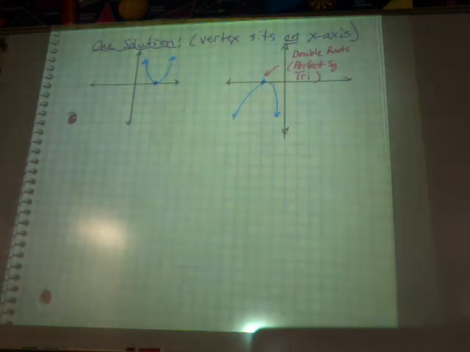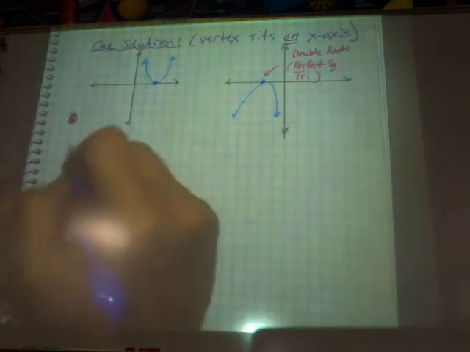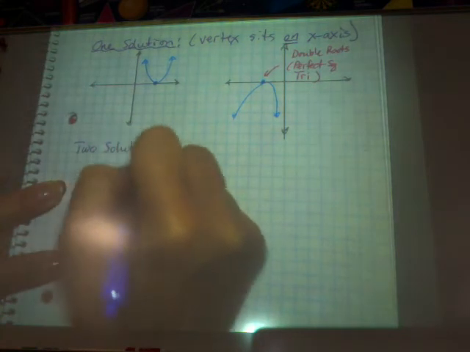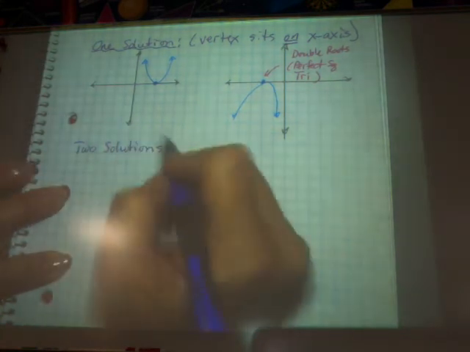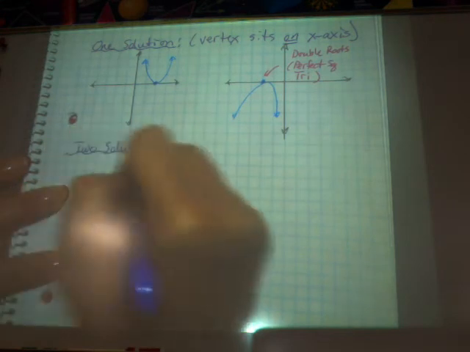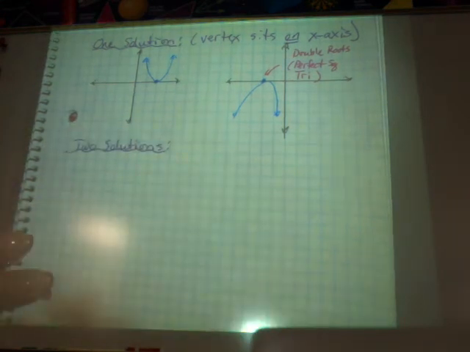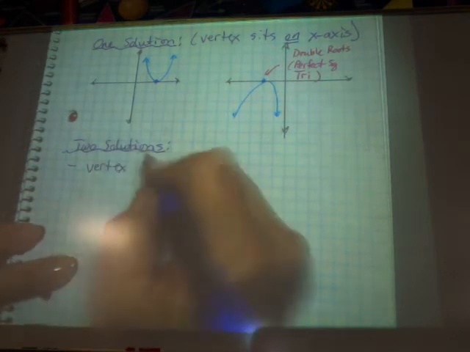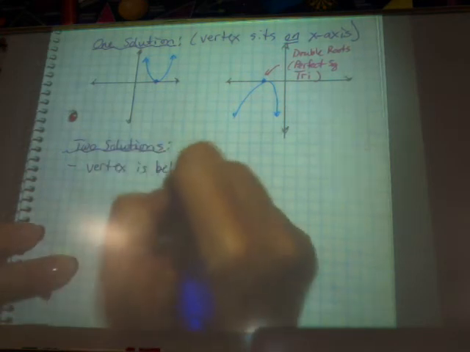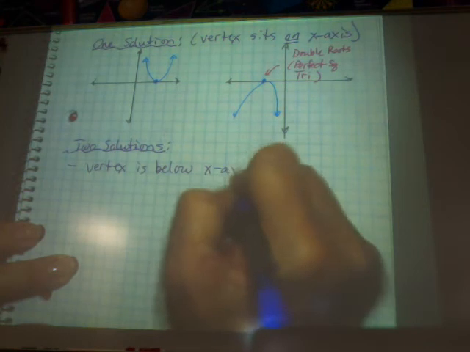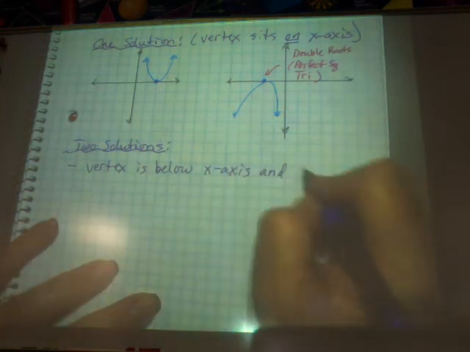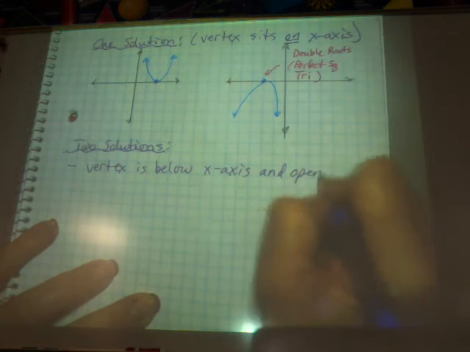All right, so then we could have two solutions. There are two situations for two solutions. One, the vertex is below the x-axis, and the parabola opens what direction?